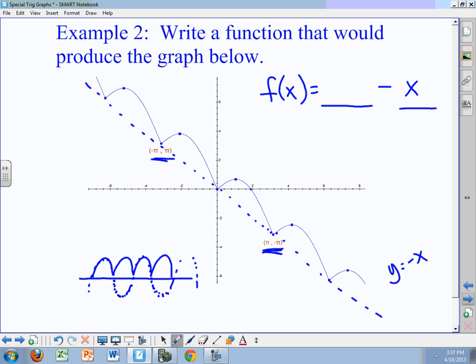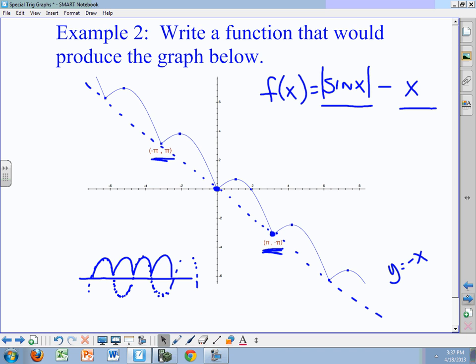So let's try something kind of fun. Let's try the sine of x, and let's put an absolute value around it. The reason I'm not using cosine is because at 0, 0, that is an automatic point. In other words, I notice at 0 and at pi, the sine x does not affect the negative x graph. So that's the first suspicion that I have.